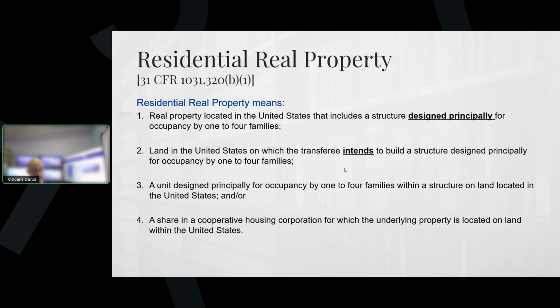It doesn't have to be insured, and it doesn't even have to be recorded, actually. There are other tasks in this reporting cascade that can trigger the need to make the report, even if you're not actually recording the document. I think the number of times that's actually going to be the case is going to be exceedingly rare, but it could happen. And that'll become clear when we go over that slide.